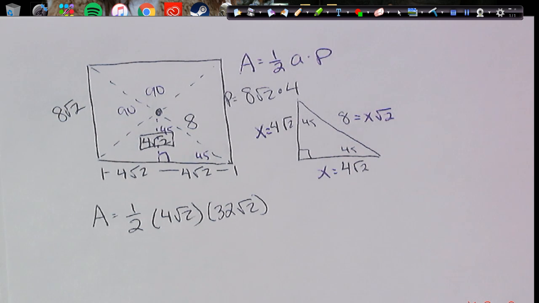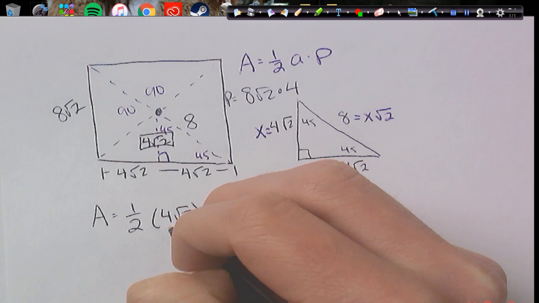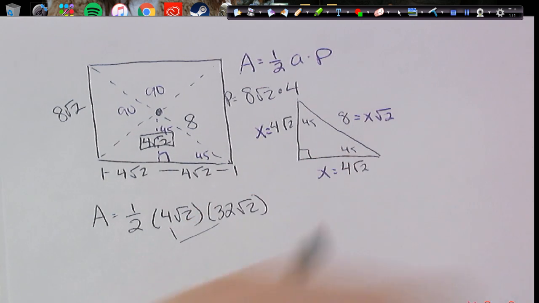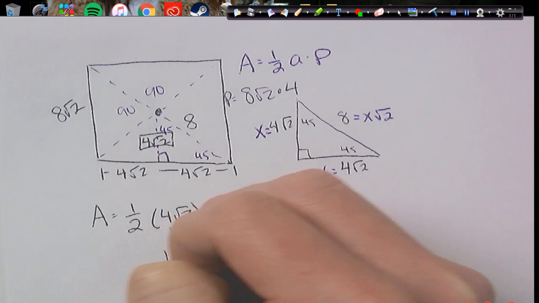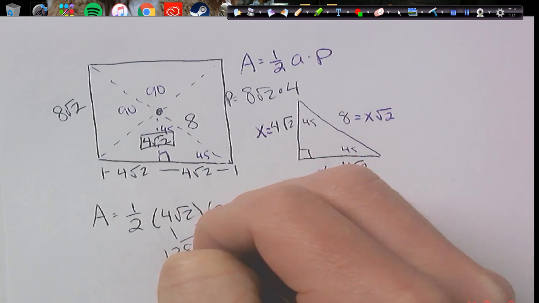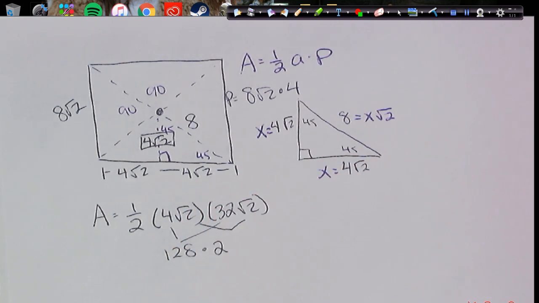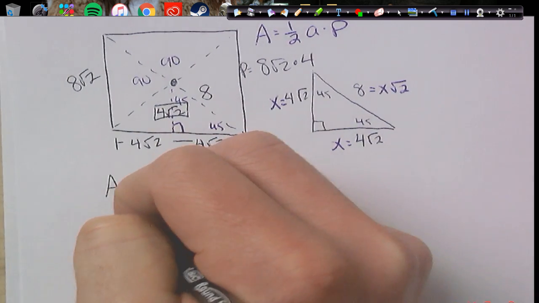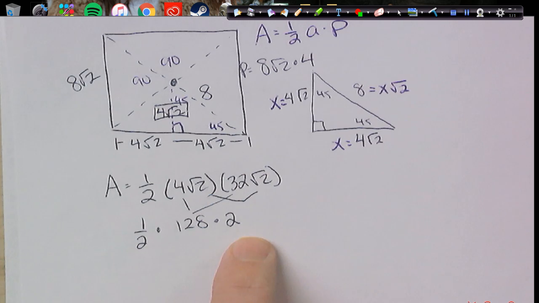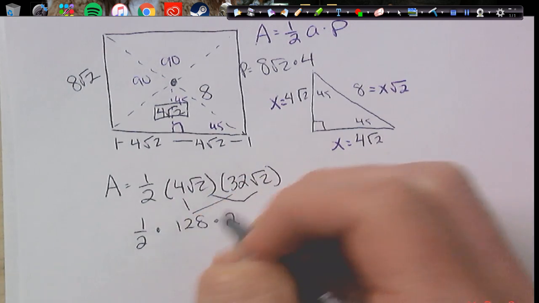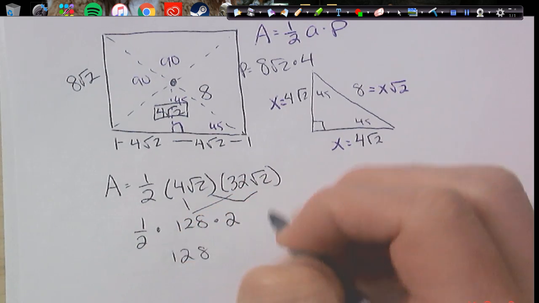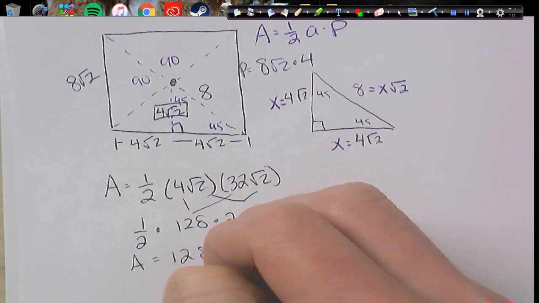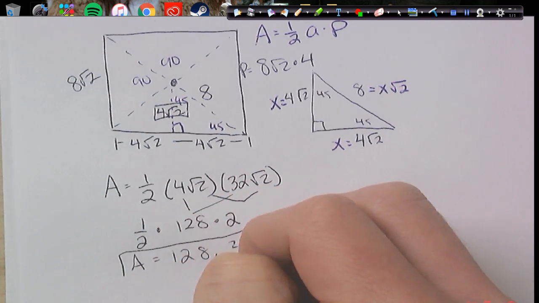Alright, now we got to multiply the whole numbers. So 4 times 32 is 128. Rad 2 times rad 2 is going to be 2. And then we take half of that, but if you take half of 2, you get 1. So you end up with 128. And we didn't have units on that, so we'll just do that.